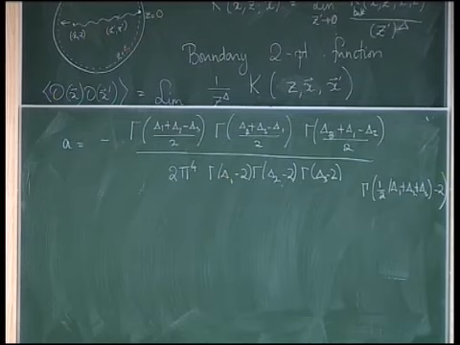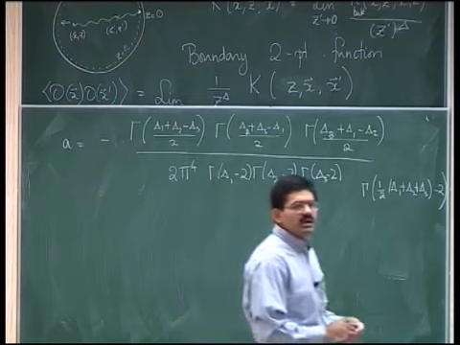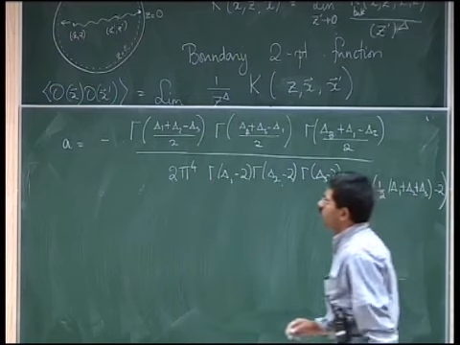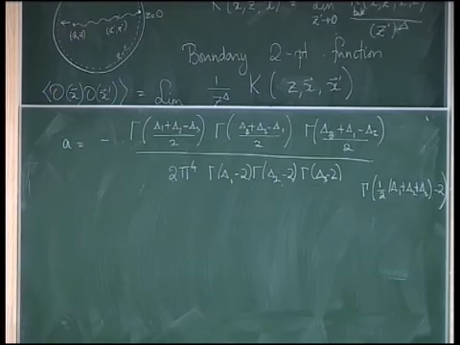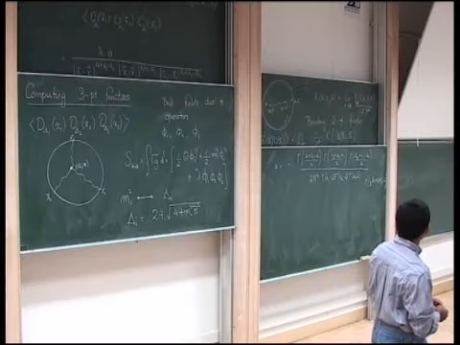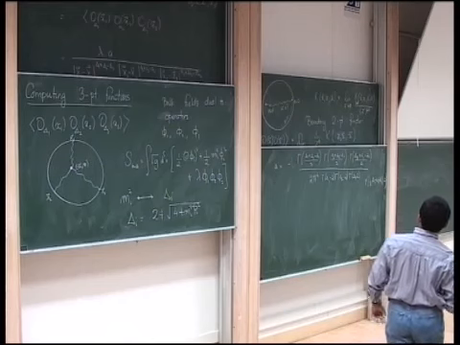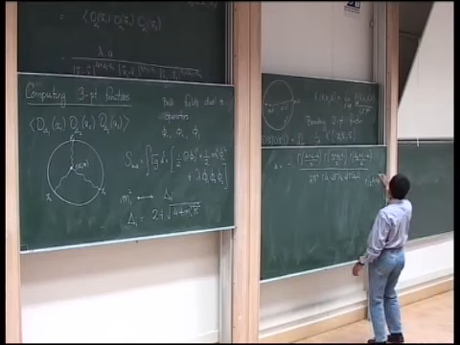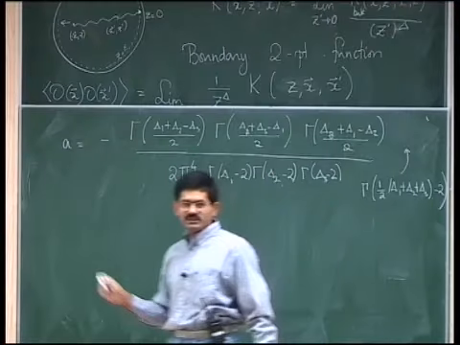I have some fields propagating in bulk AdS space, and I sort of don't know what the proper normalization for all operators is at the level of the 2-point function. Is the last parameter in the numerator? It's in the numerator. It's up.